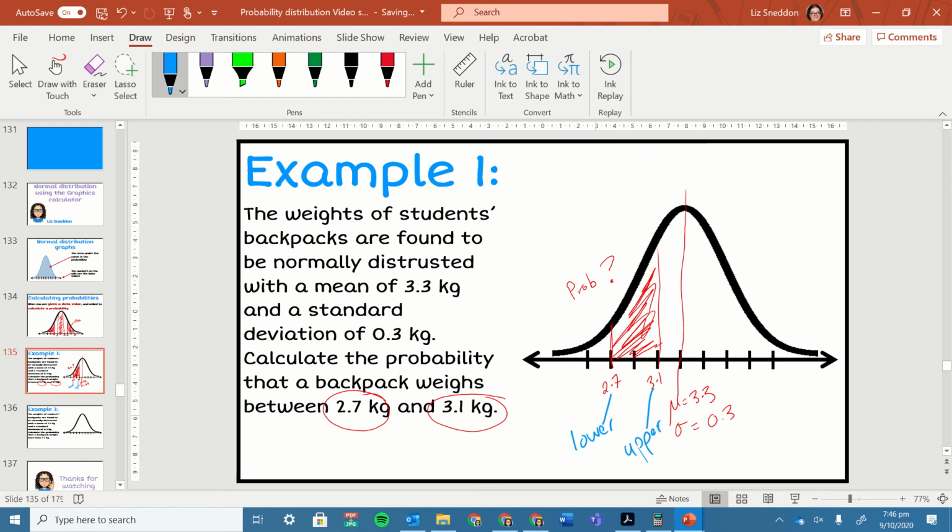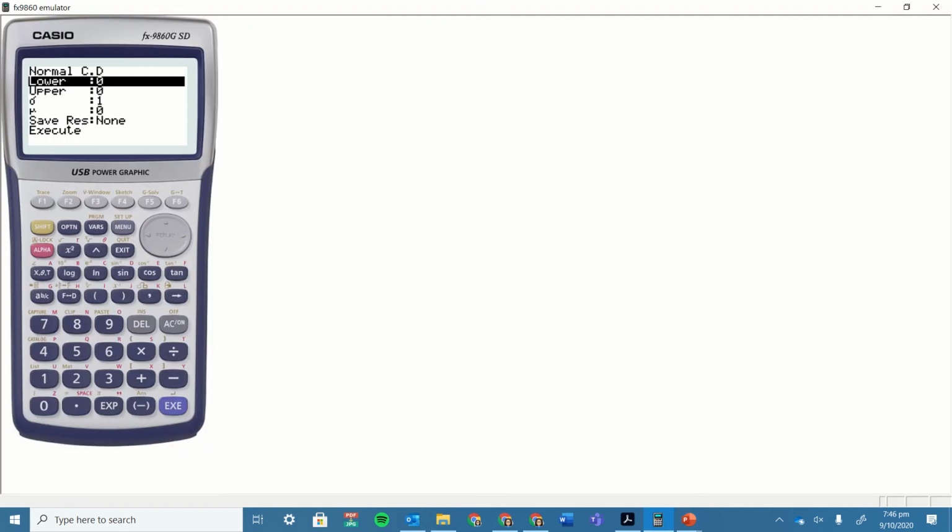And I want the probability between those two points. So that's what I'm going to put into the calculator. My lower value is 2.7, my upper value 3.1, my standard deviation was 0.3, and my mean was 3.3. And now I say go and execute that, and then we can see our probability P there on the screen.